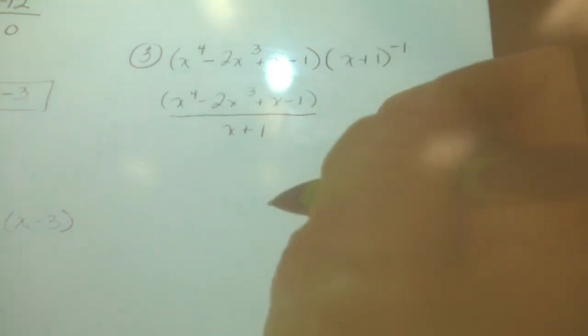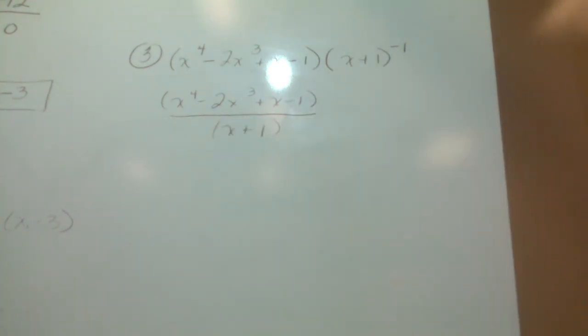X to the 4th minus 2x cubed plus x minus 1 divided by x plus 1. And you don't have to keep it in parentheses. It's completely up to you. That negative 1 actually means you're bringing that x plus 1 down into the denominator. So now we've got our division problem.